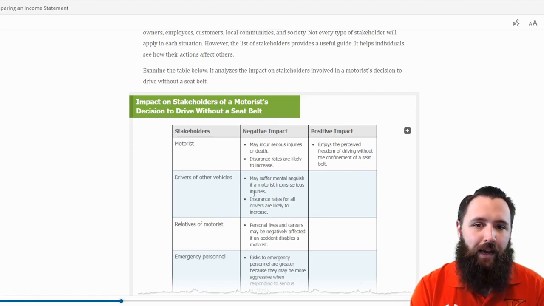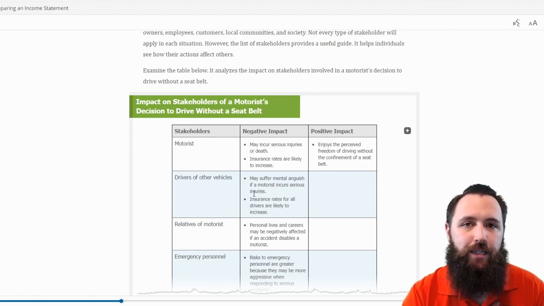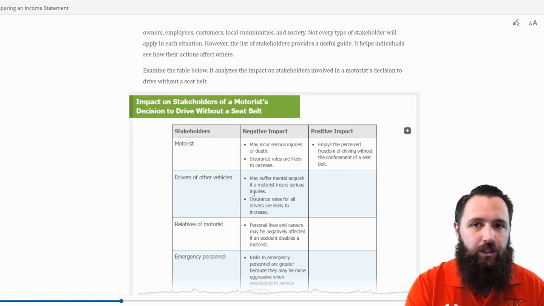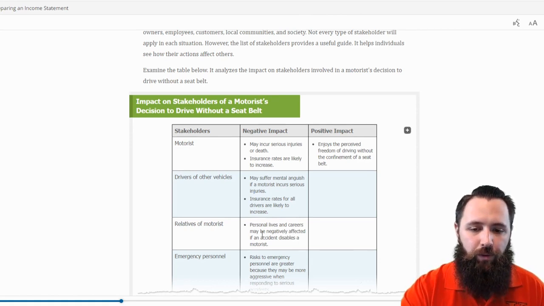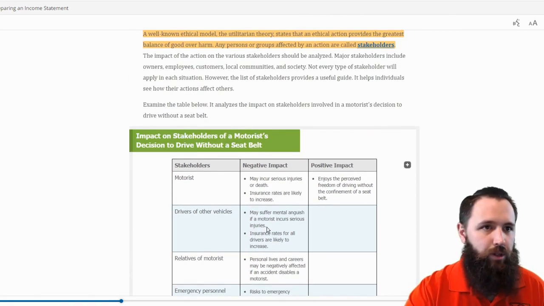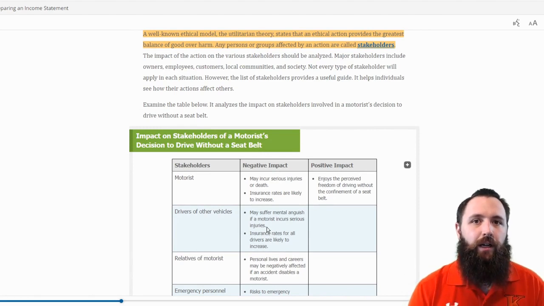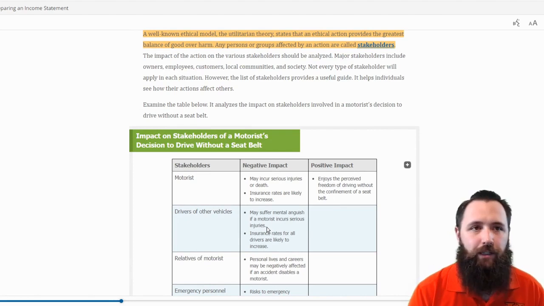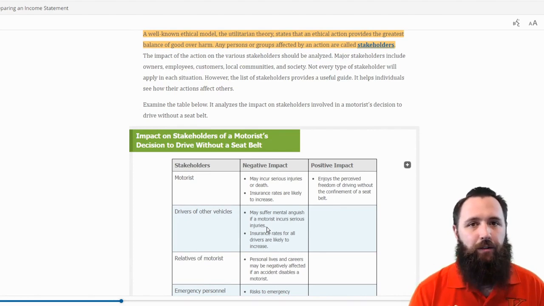My mom and dad are actually stakeholders in my decision to wear a seatbelt, because if I get in an accident and I get hurt, they're going to be affected. And then emergency personnel like EMT teams would also be stakeholders in me wearing my seatbelt, because they're going to have to maybe rush to the site and have to perform something that they wouldn't have normally had to do.